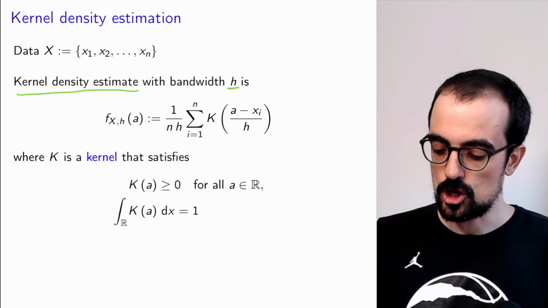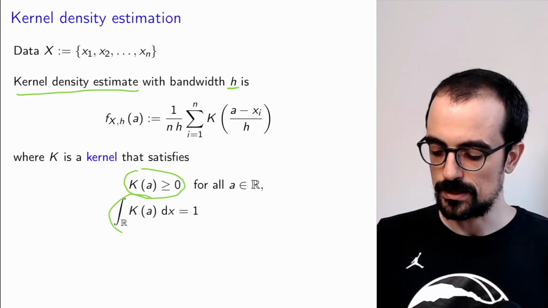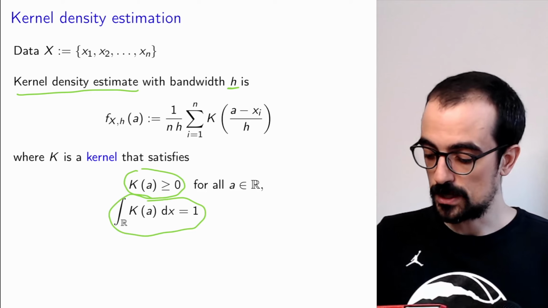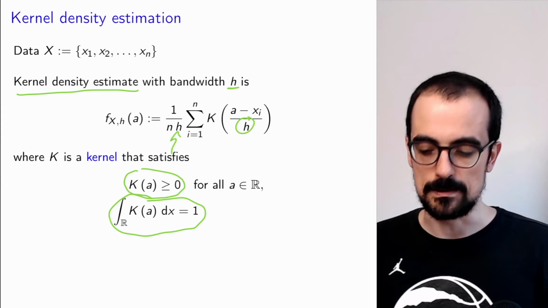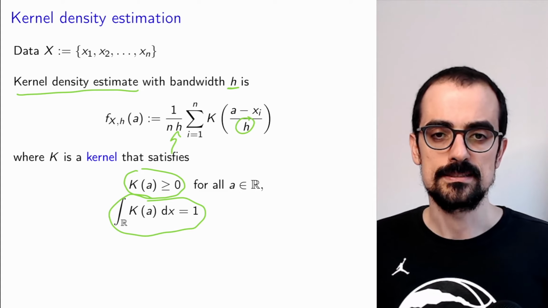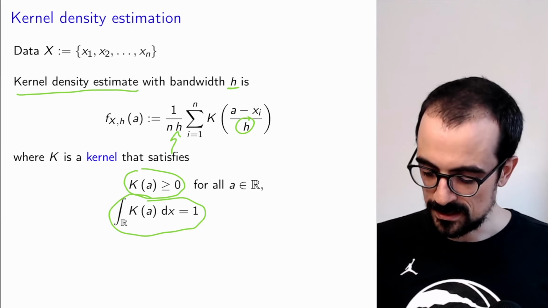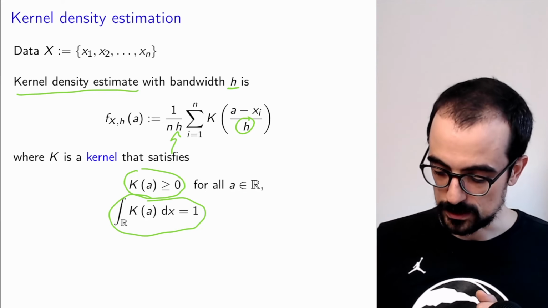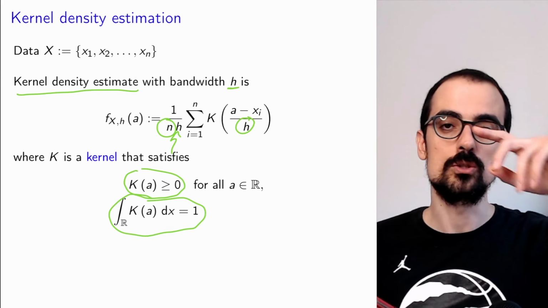As long as the kernel is non-negative and it integrates to 1, then you're going to get a valid PDF. Realize that the h here just ensures that the kernel still integrates to 1. When we add all of these areas, we're going to get n times the area of the kernel, but we're dividing by n. So the whole construction is going to integrate to 1.